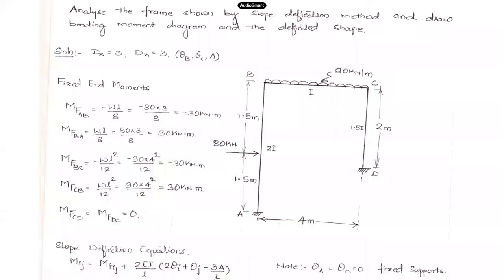Anyway, let us say that the load magnitude is such that you will get a value of minus 30 and plus 30. I don't want to correct that with 120, because every other calculation will change. So for that purpose, you consider these to be minus 30 and plus 30 itself.